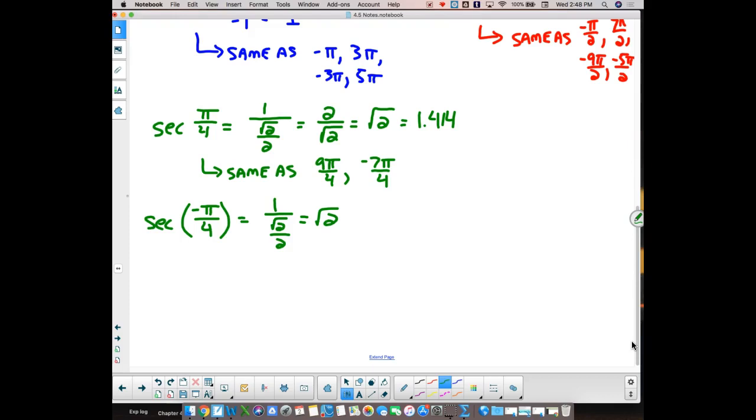And negative pi over 4 is the same as what? 7 pi over 4? Negative 9 pi over 4? And so on and so forth, right?